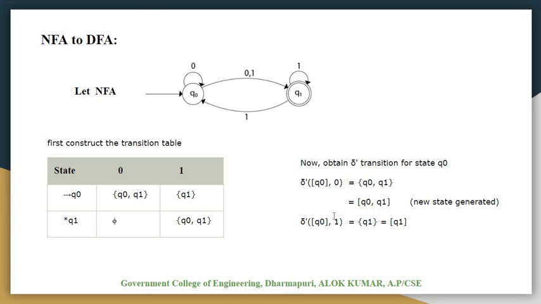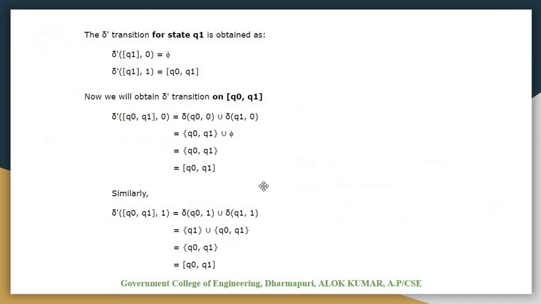Now we find the transitions for state Q0. From Q0 using 0 we go to Q0, Q1, as mentioned here. For state Q1 also we find it in the same manner.